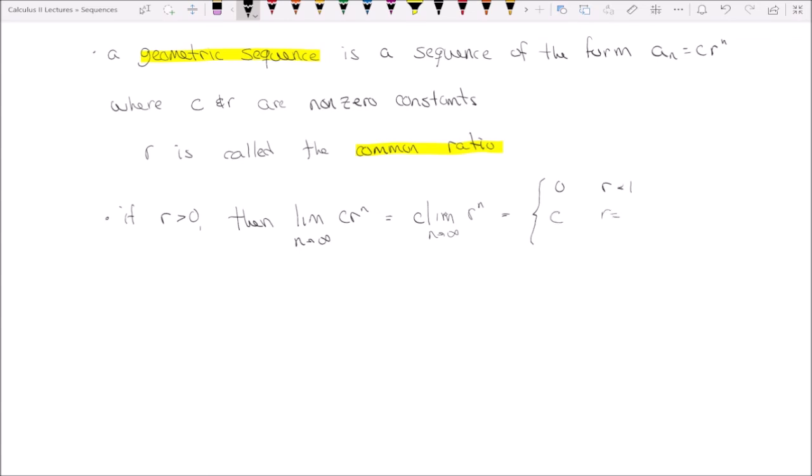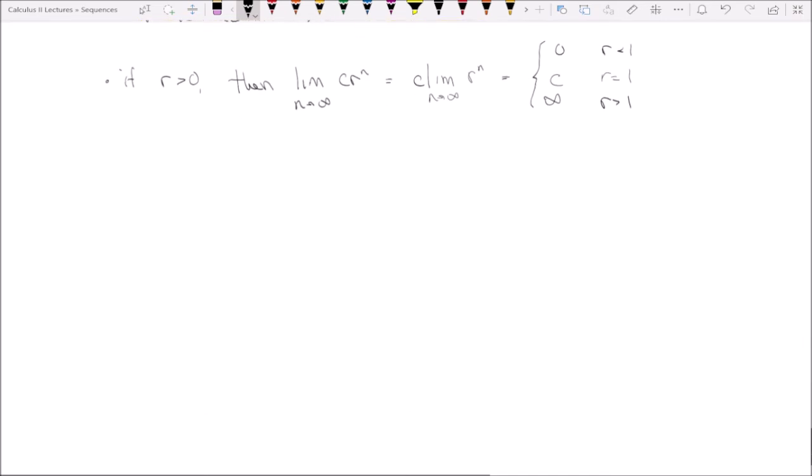If r equals 1, the limit is c. And if r is larger than 1, the limit diverges to infinity. Right, so notice from this, we conclude that cr to the n converges for 0 less than r less than or equal to 1, and it diverges for r larger than 1.